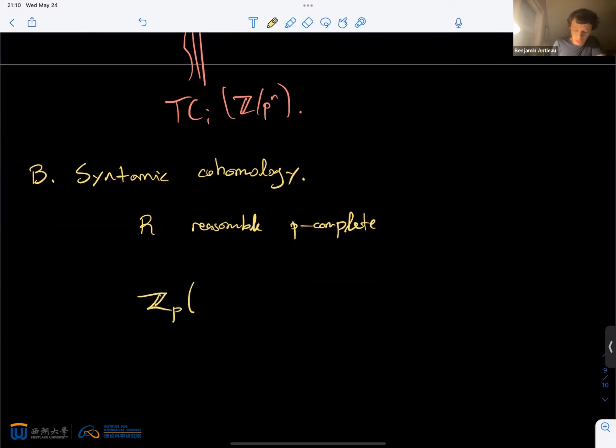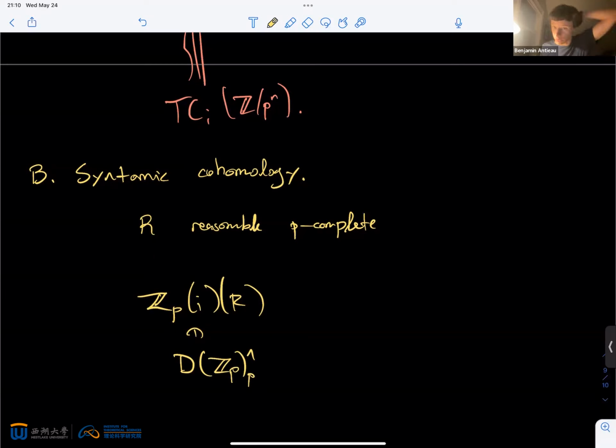Then there's complexes Z_p(i)(R). So this is an object in the derived category, the p-complete derived category. Okay, so it's a complex, or it's represented by a complex. And what is it? I will give you the definition and introduce some more symbols.